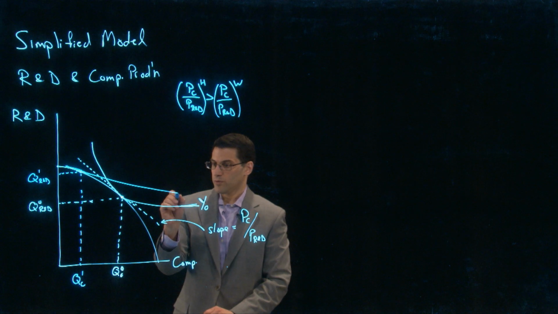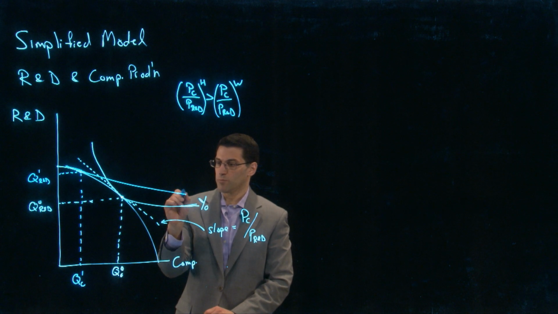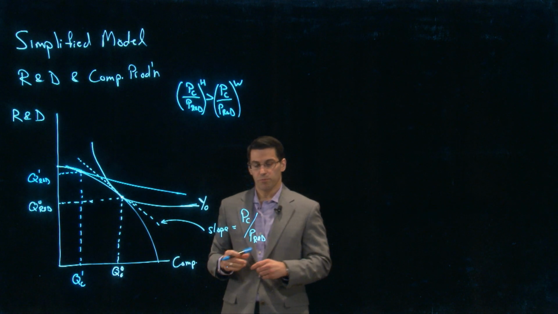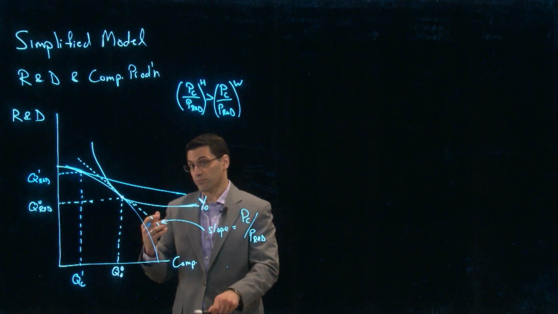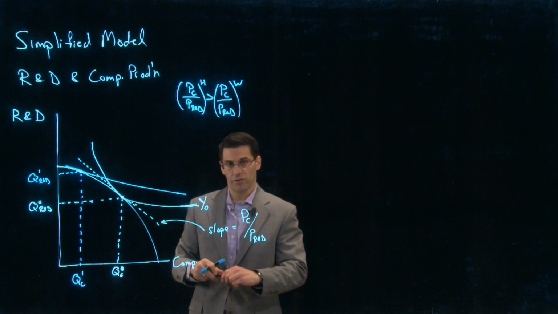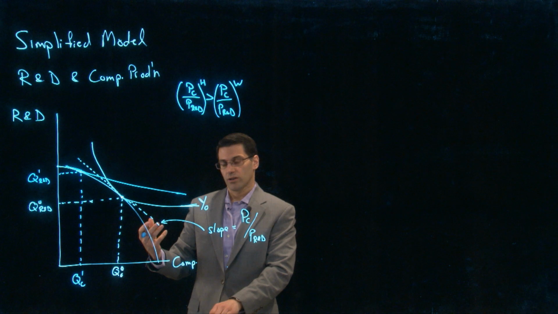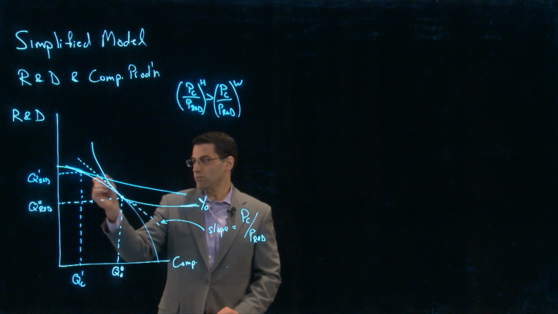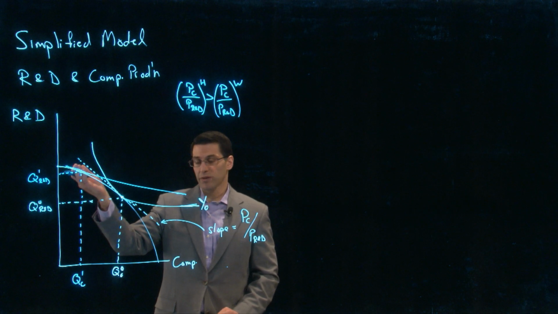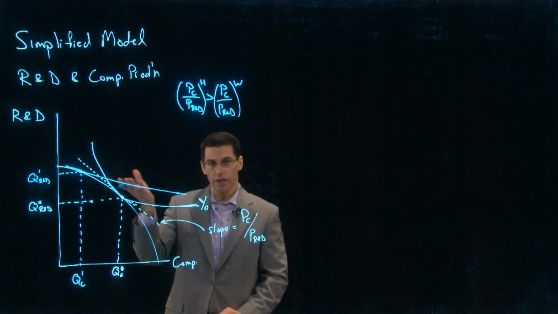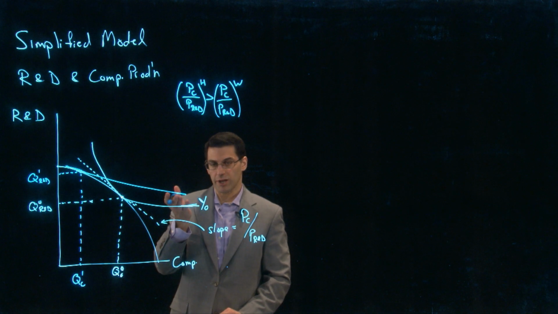And just like before, when we were talking about using this PPF model with indifference curves, when we were talking about any of our three trade models, we were saying you can now produce on your PPF, but you can trade along the world price line.